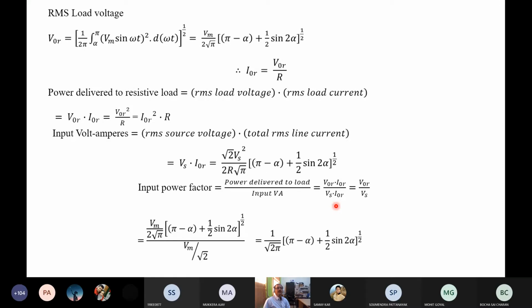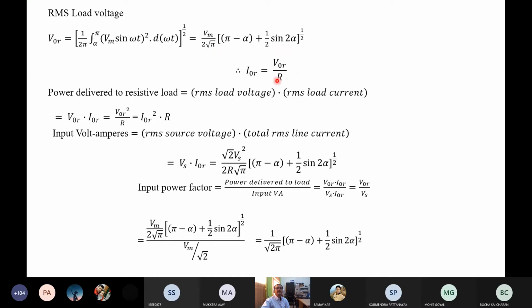The operation of the circuit is important, then the waveform. From the waveform, as we already did in the Fourier series, we know how to calculate the RMS voltage and average voltage. So the load RMS voltage will be Vm by 2 times the square root of (1 over pi) times (pi minus alpha plus half sin 2 alpha).